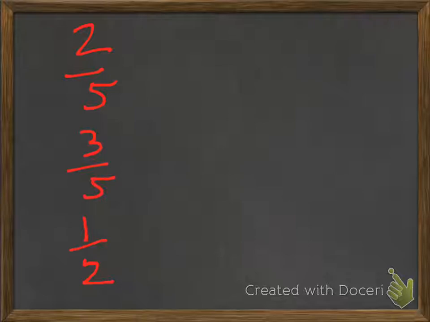We could actually go ahead and find equivalent denominators. Get a common denominator for all of them. And the easiest way to do that is to look at our denominators and what do they have in common. And sometimes finding the multiples of them really makes a big difference. So if I were to look at 5s, I could say 5 times 1 is 5, 5 times 2 is 10, 5 times 3 is 15.